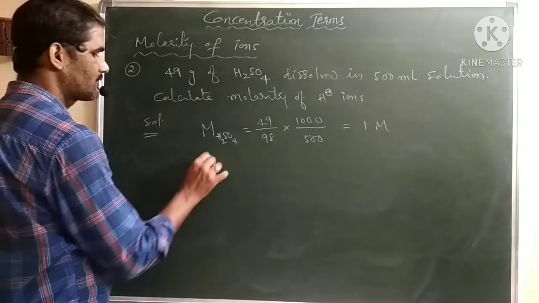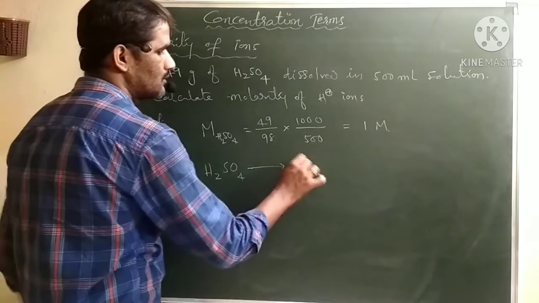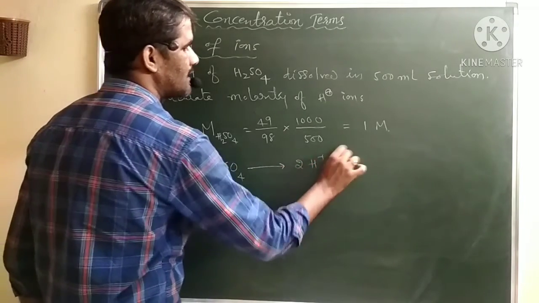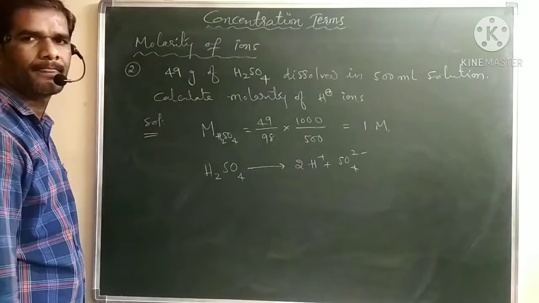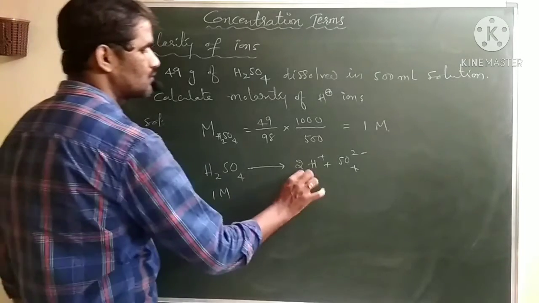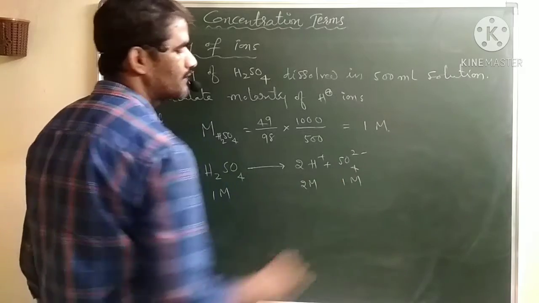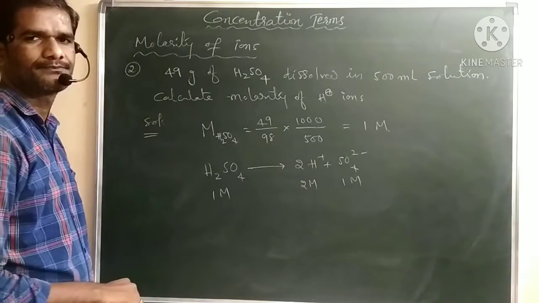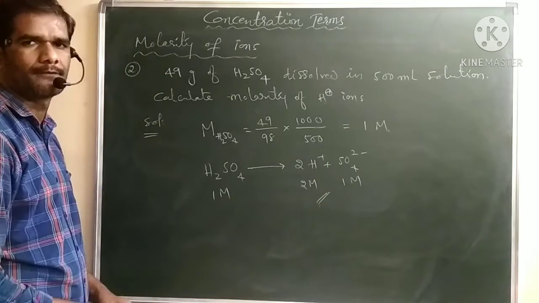Now H2SO4 undergoes dissociation like this. It will give 2H plus and SO4 2 minus. Now 1 molar can give 2 molar of H plus and 1 molar of SO4 2 minus. So now the concentration of H plus ion here is 2 molar.